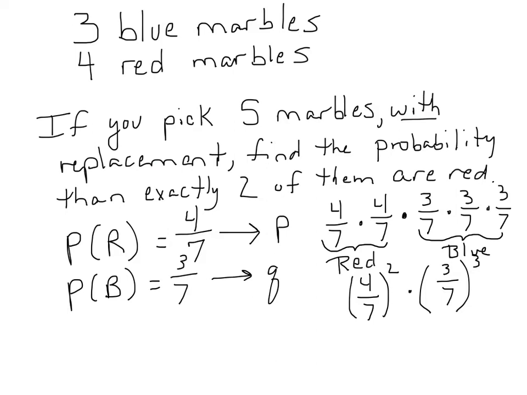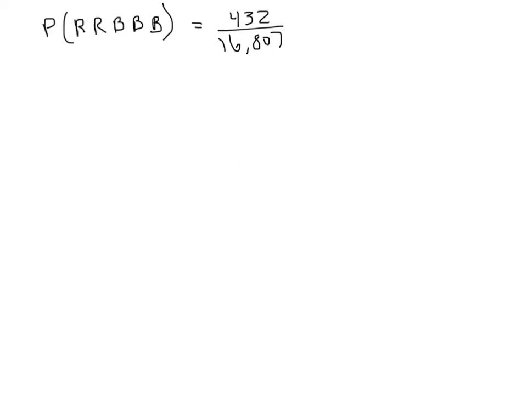When I calculate that, I actually get 432 over 16,807. Okay, so that's the probability that it happens in this order. So the probability of getting a red and a red and then a blue and a blue and a blue is 432 over 16,807.